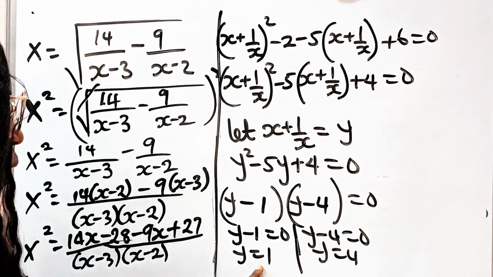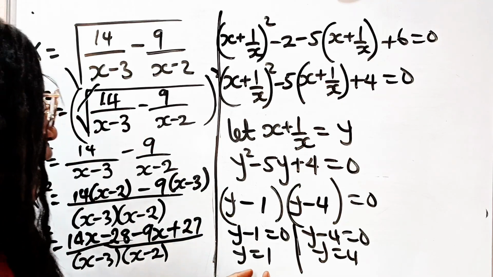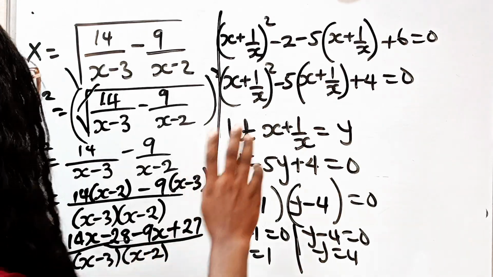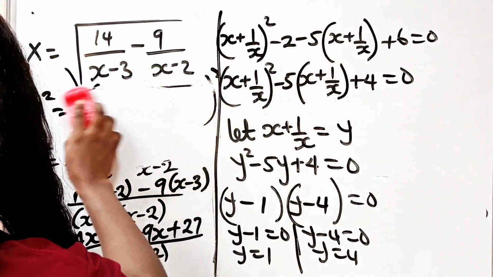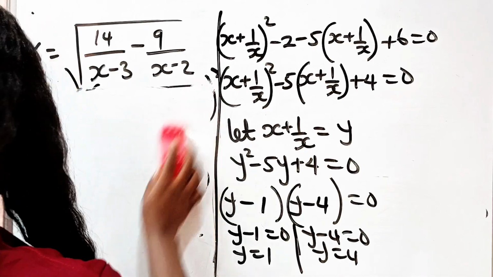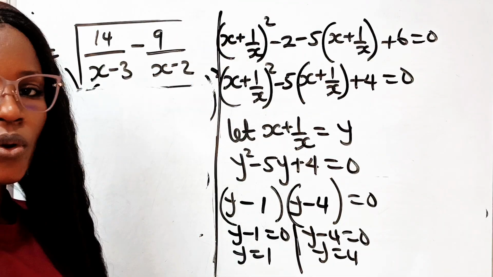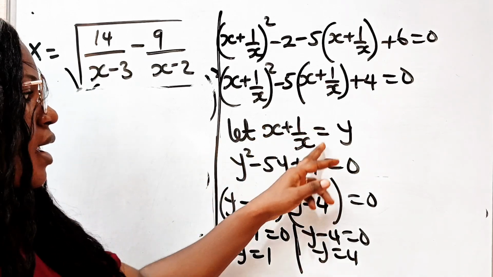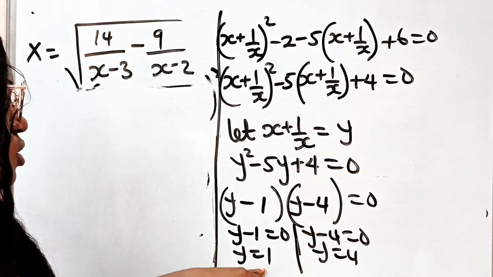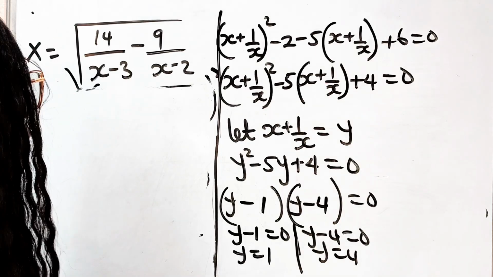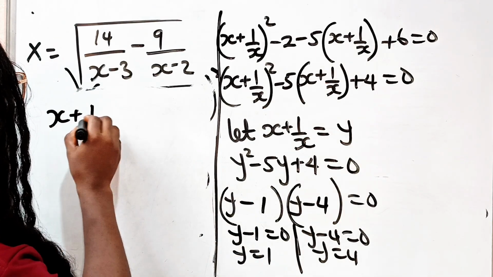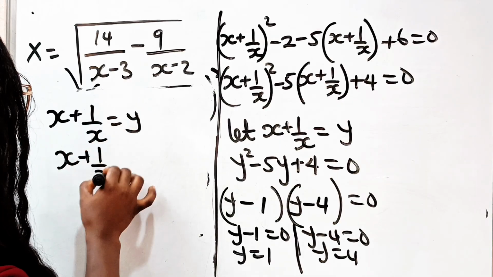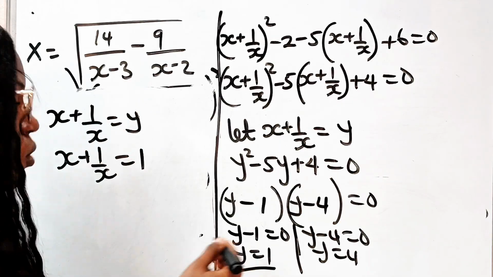But we are not looking for y, we are looking for x. So how do we find our x from y? First, we need to remember the most important equation: x + 1/x = y. So let's go to the first value. x + 1/x is equal to 1 when y is equal to 1.